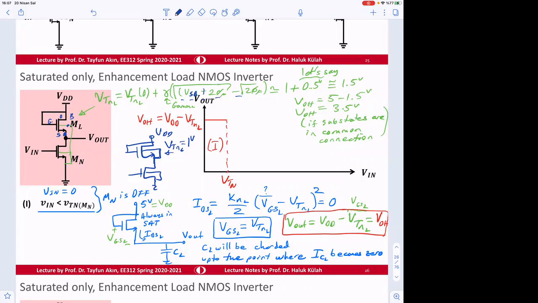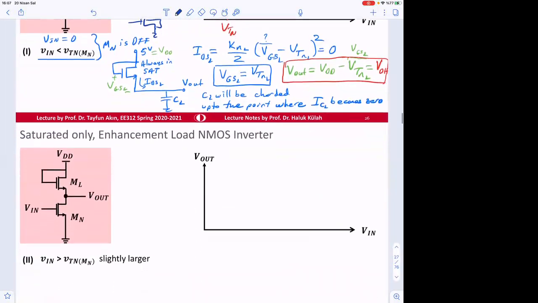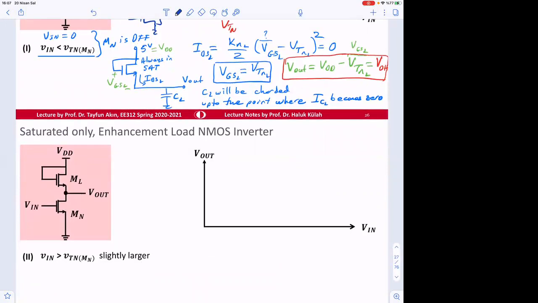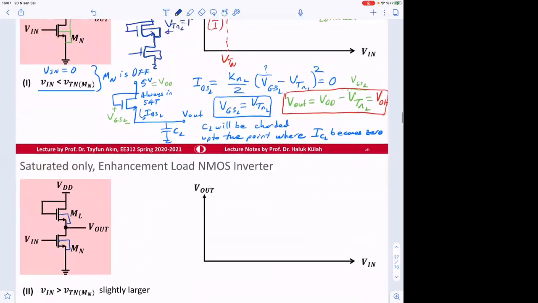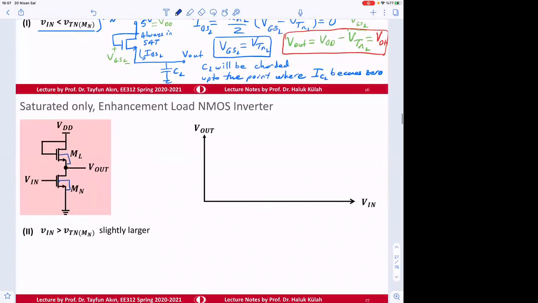So what happens after that? We will always be assuming now it's like this, right? It's more convenient. So let's draw it again here.